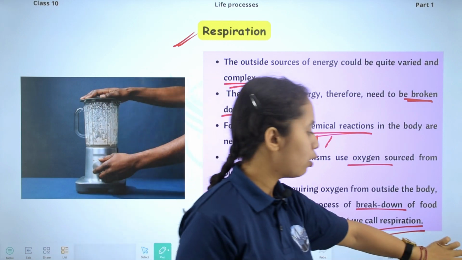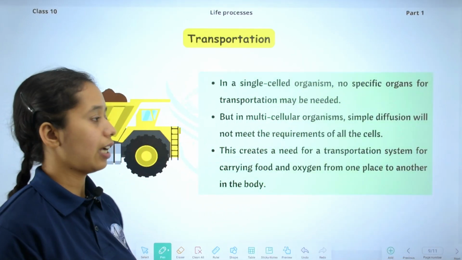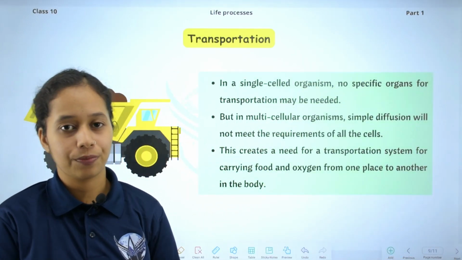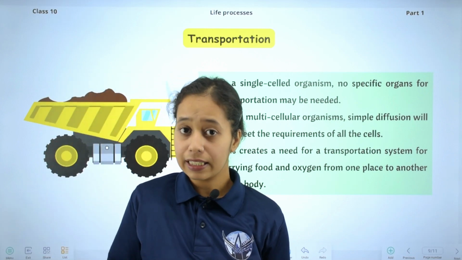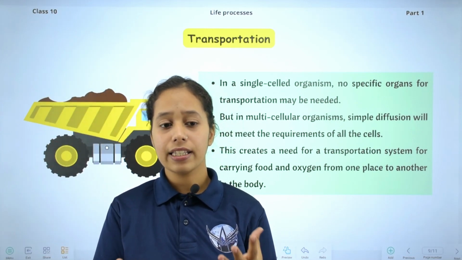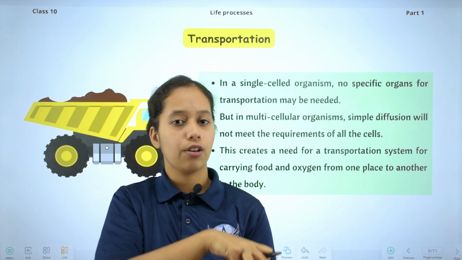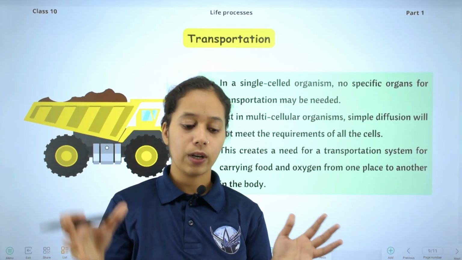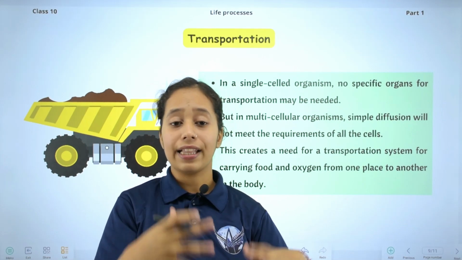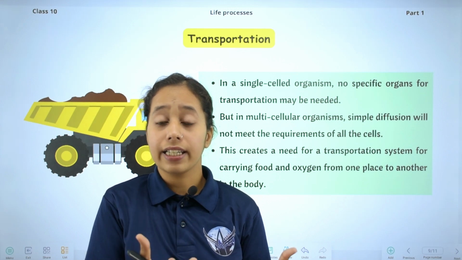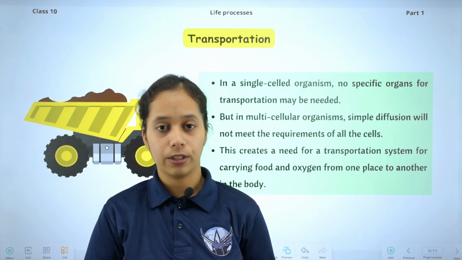Okay, what after respiration? After respiration, what should we do? We got the energy needed. This energy is made in one particular section of our body, where the energy is being extracted from the food.